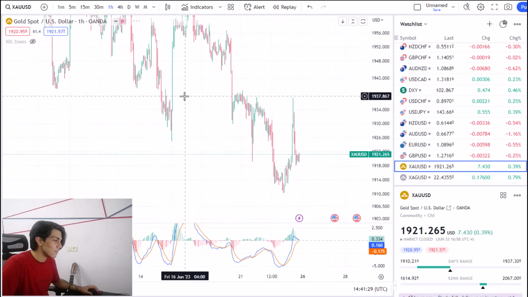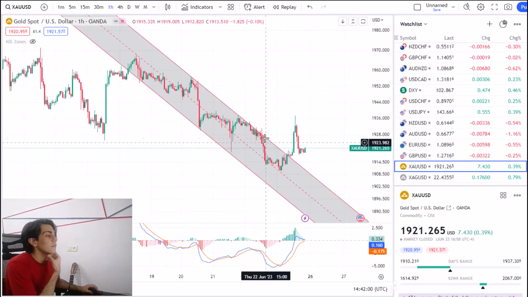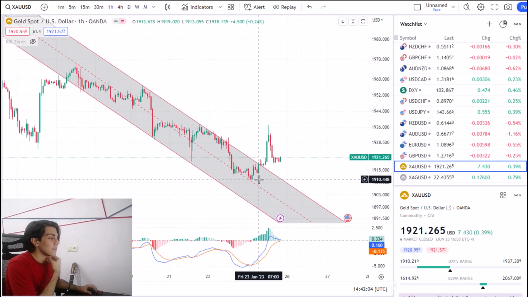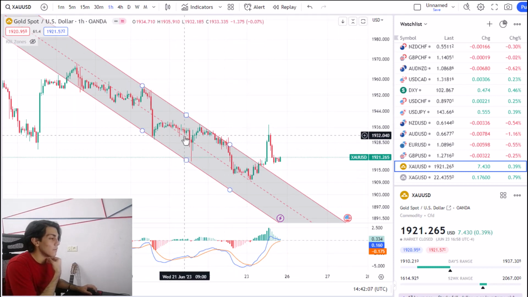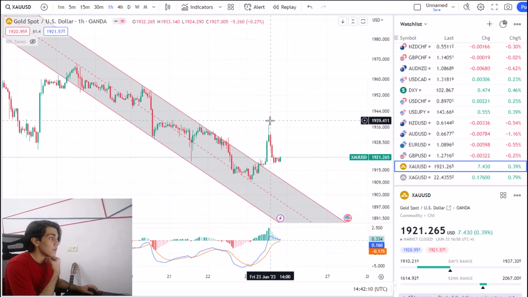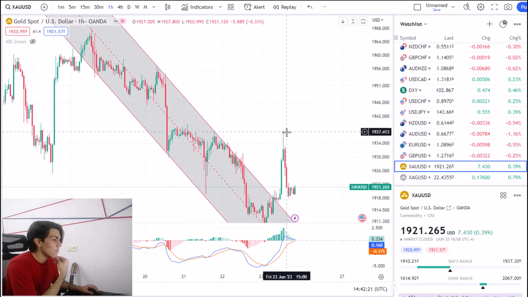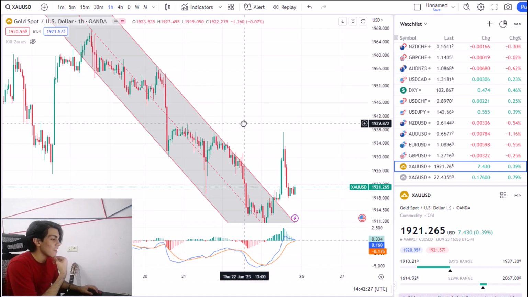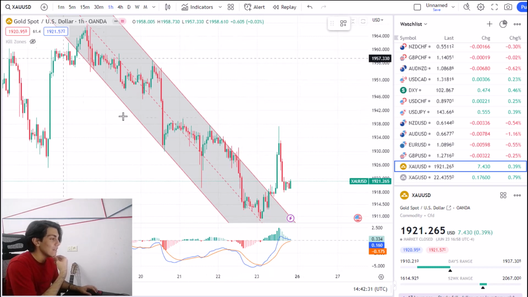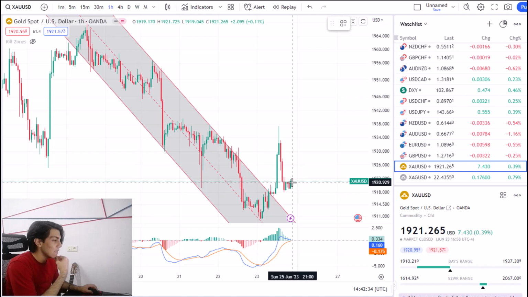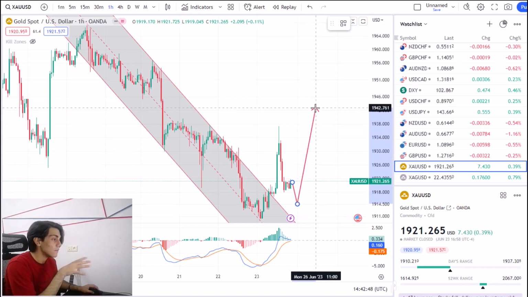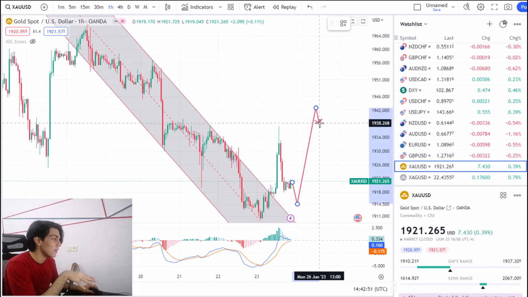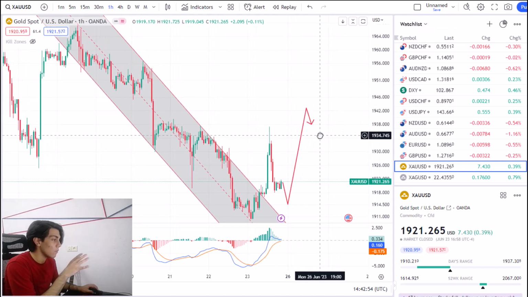So based on this channel, what I can see is that there was a support below the mid-level of the channel and it pushed the price to the upside of the channel, and we have another equal high formed right above here, which is teasing me into thinking that the price might experience a little bit more downfall to the downside right down here, and then start to come up again, gather all of this liquidity that is lying above here, and then decide whatever it wants to do with it.